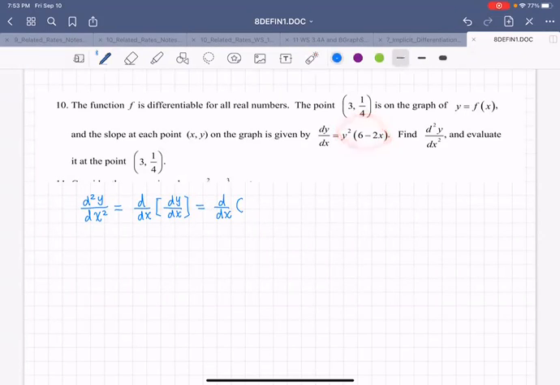I don't want to do the product rule; I want to do the distribution.